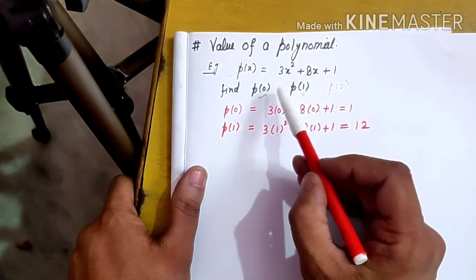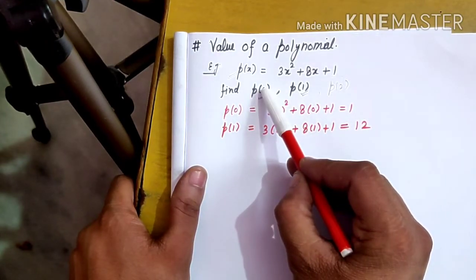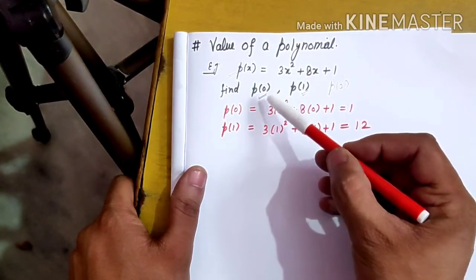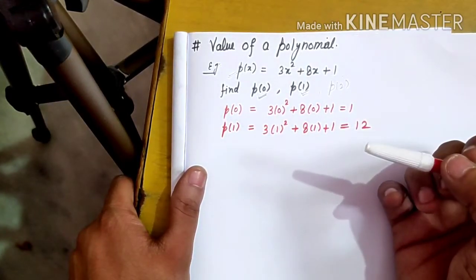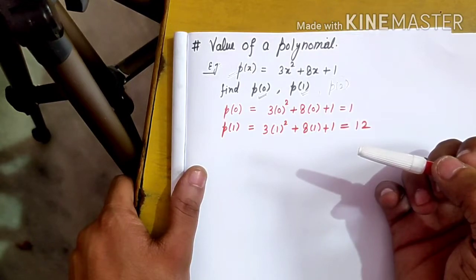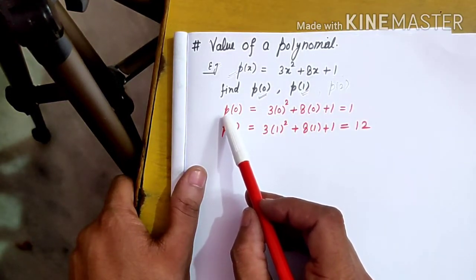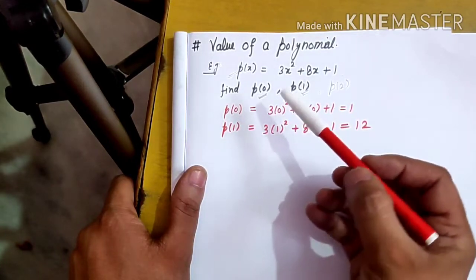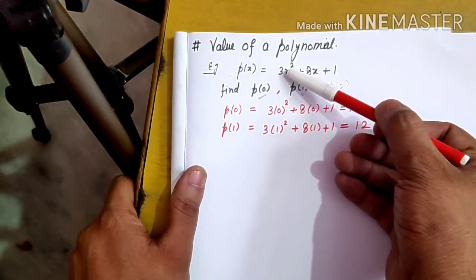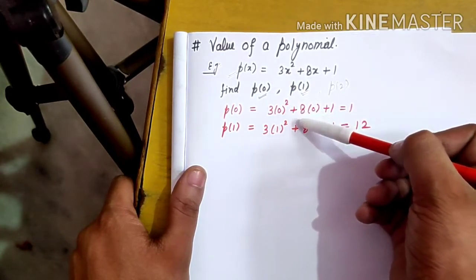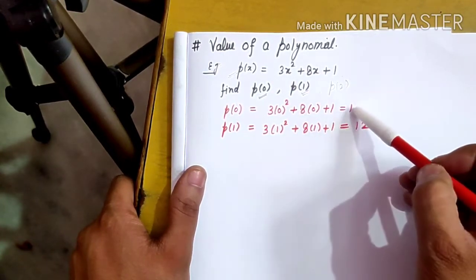What you have to do is, wherever there is x in your polynomial, you have to put zero there. This is called p0. So when I have to find p0, I will put the value of x by 0. 3 into 0 square, plus 8 into 0 and plus 1, and the answer is 1.